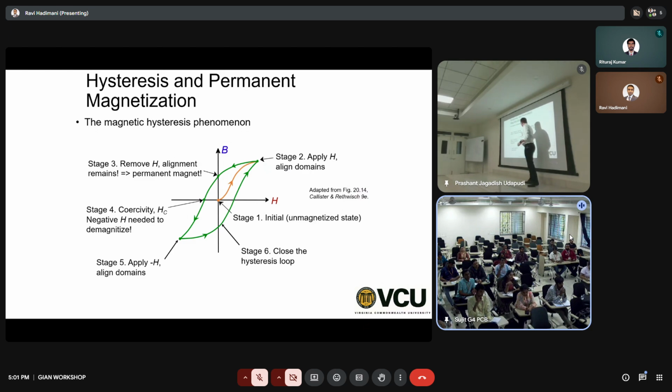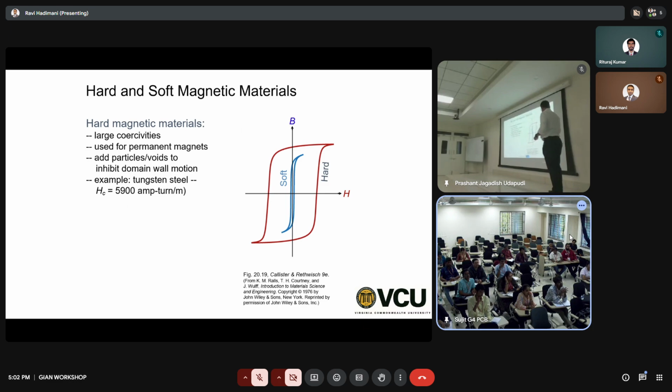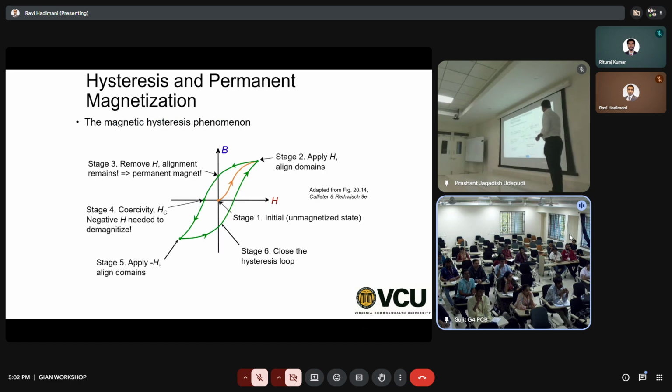To remove their magnetization, you have to apply some negative magnetic field. That is the coercivity, how much negative magnetic field you need to apply to make it zero. This is the remanence, this is the saturation. Saturation magnetization is this one.